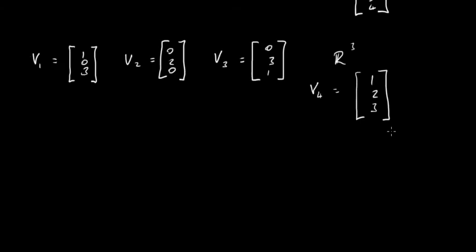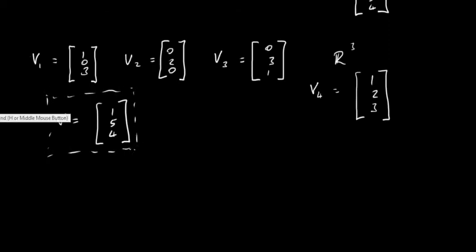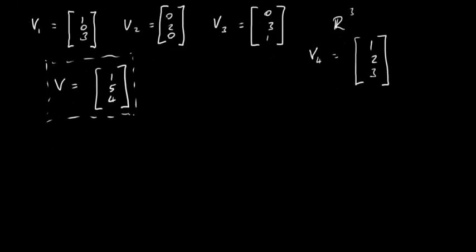Now what I want to do is find a linear combination of these four vectors that will give me my final vector again. Remember, my final vector was 1 5 4. It's the same procedure again, but it's not going to be as straightforward. So let's write down our equations again.